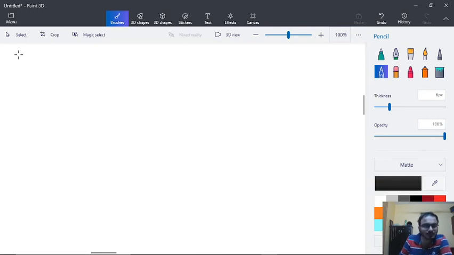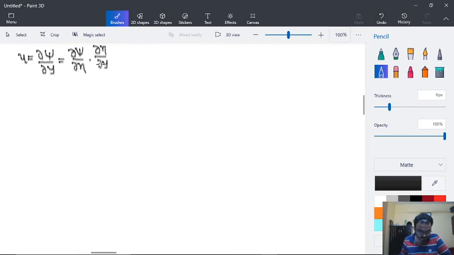So we will begin with the value of u, which is equal to, based on the definition of stream function, del psi over del y. Now here we can slightly modify this: del psi over del eta into del eta over del y, where eta is our stretching factor.